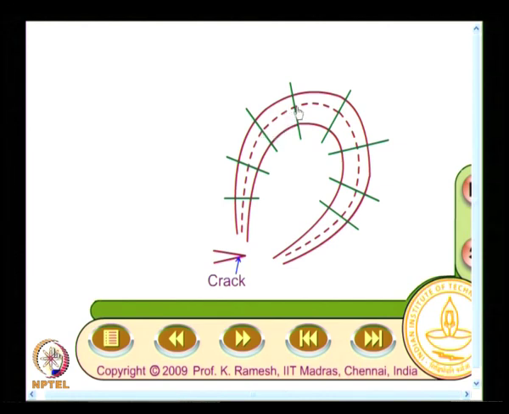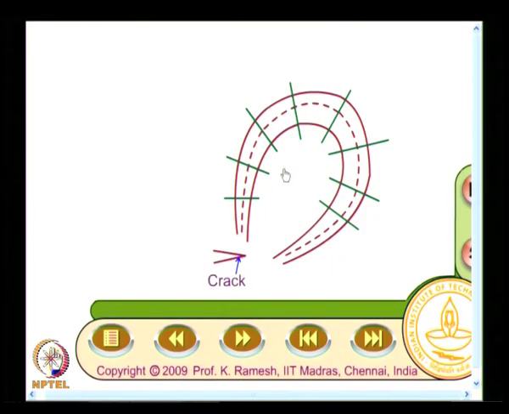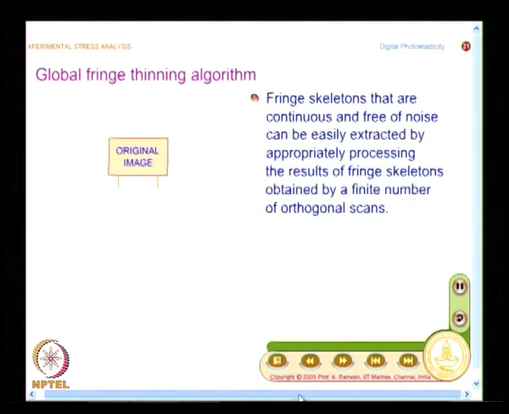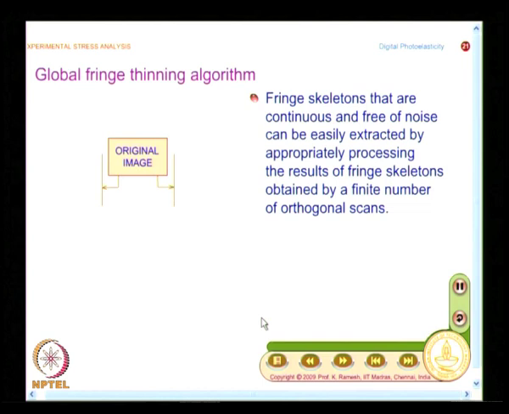Conceptually, picking out the minimum intensity point was simple, and the algorithm was simple and straightforward when you had horizontal fringes or vertical fringes. But when I have a complex fringe, you may even think, let us give up, let us go and use mask based methods. That kind of thinking is possible, but what we found was a finite number of orthogonal scans and clever use of logical operators have simplified the whole process.